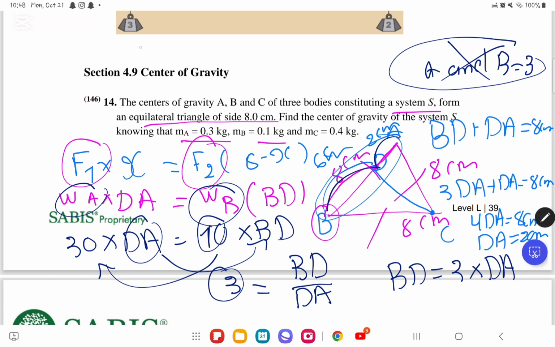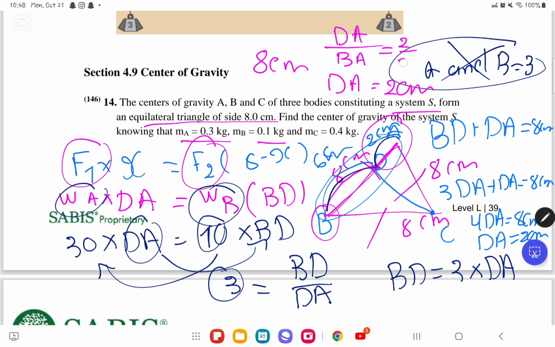So then we can actually notice something else. The full side is what? 8 centimeters. And then the measurement of dA is 2 centimeters. So if you do dA over the total, which is BA, you will get 2 over 8, which is 1 over 4.